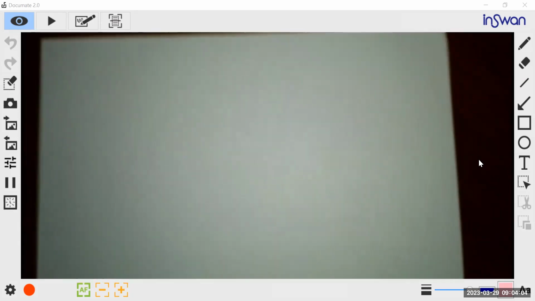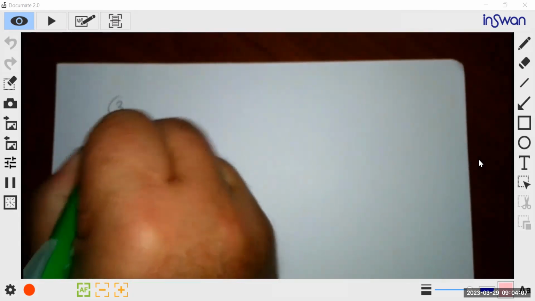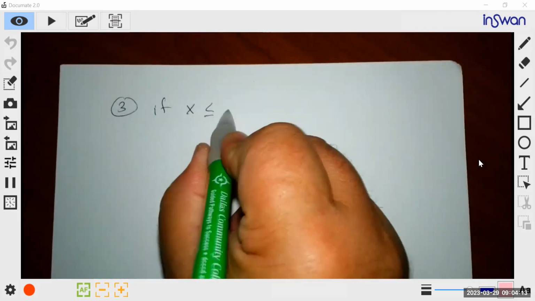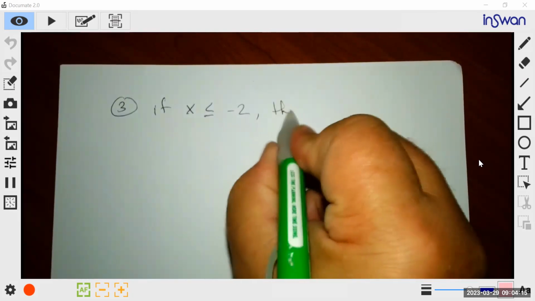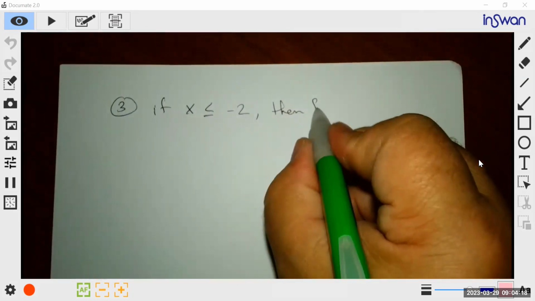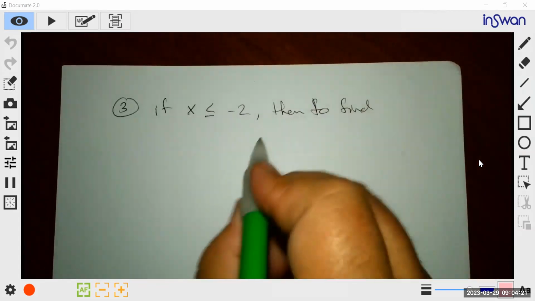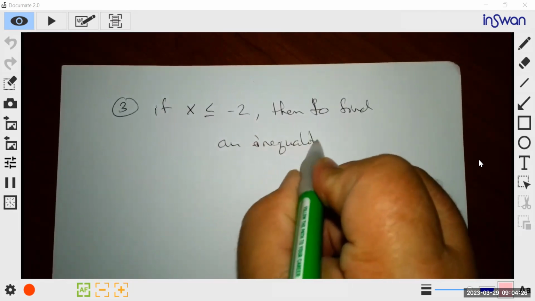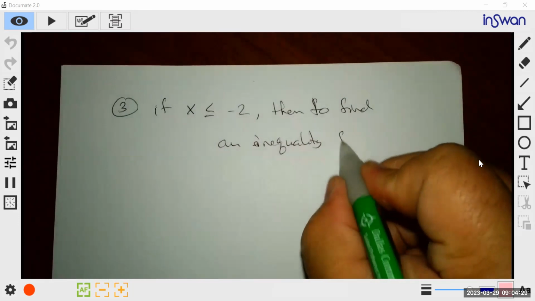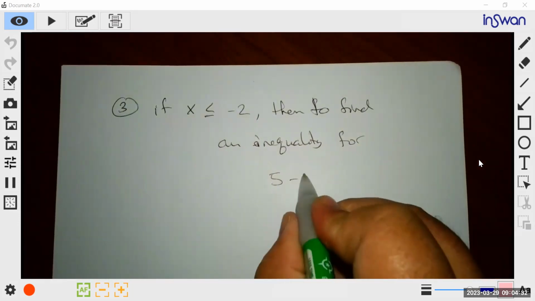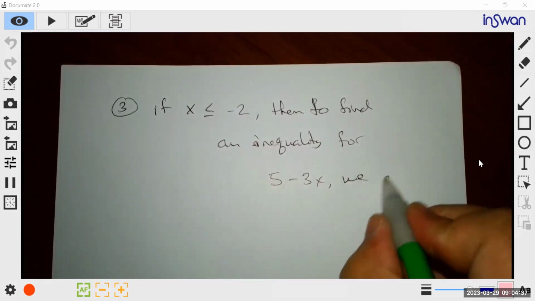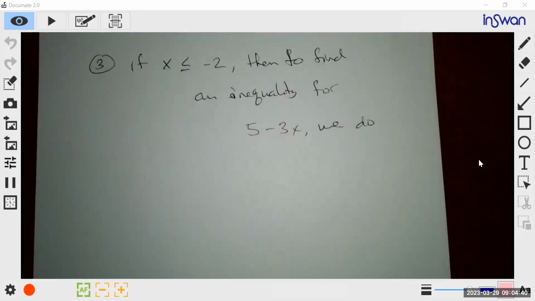Last example. If x is less than or equal to -2, then to find an inequality for 5 minus 3x, we do what?